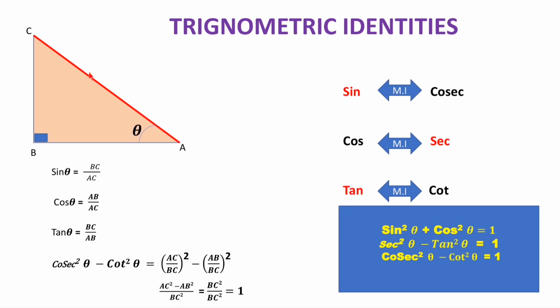AC square is the hypotenuse, BC square is the opposite side and AB square is the adjacent side. So AC square minus AB square will be BC square. BC square divided by BC square is 1. So the third trigonometric identity is cosecant square theta minus cot square theta is equal to 1.